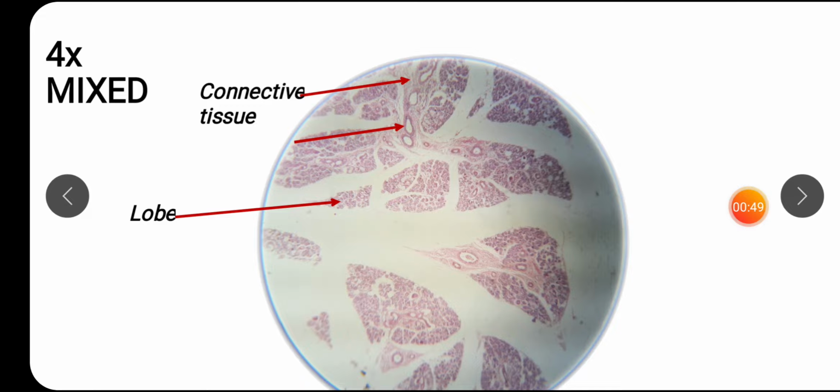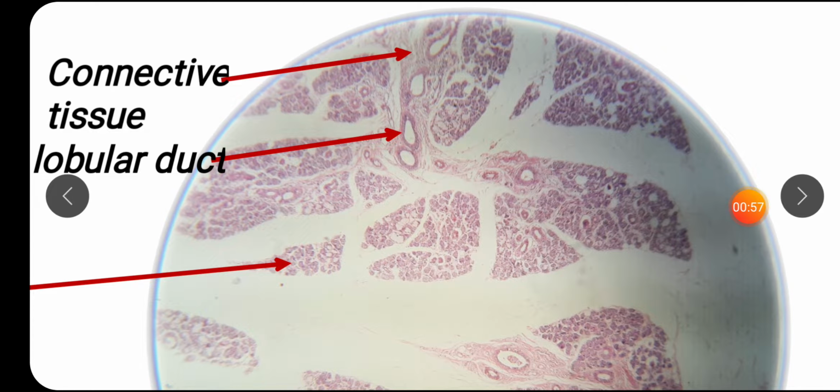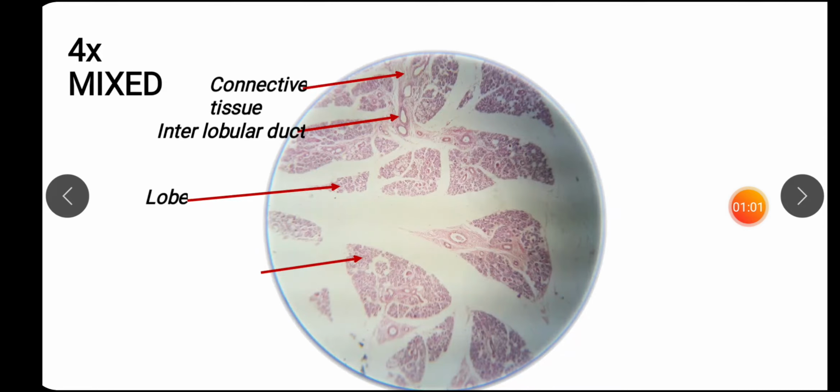Within this connective tissue region you have the ducts, that is termed the interlobular duct here. Again, this structure is representing the mixed acini.